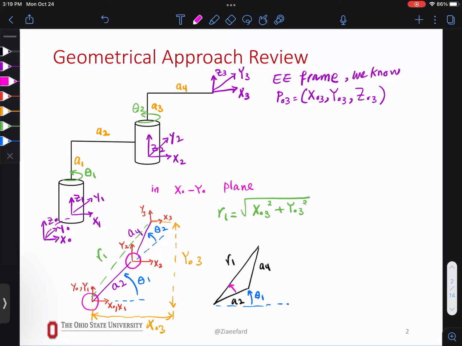Can I say, if this is phi1 and this is phi2, theta 1 is phi2 minus phi1? Can I say phi2 is the inverse tangent of y0,3 over x0,3? Yes. So what I'm doing is trying to relate the information I have from the end vector to this configuration right now, right?